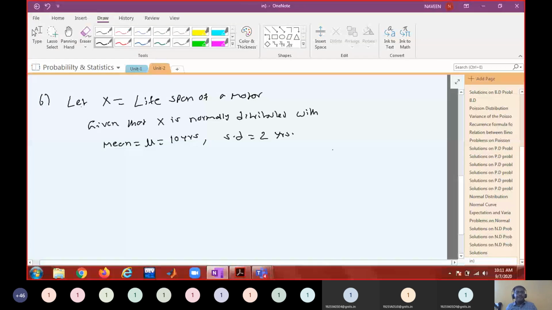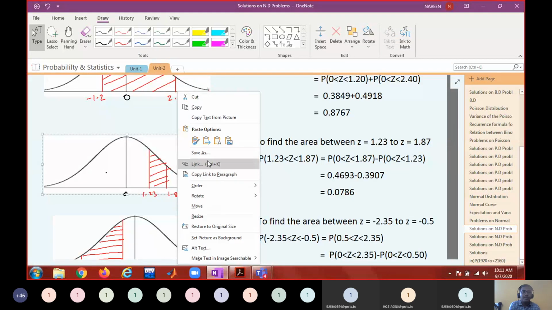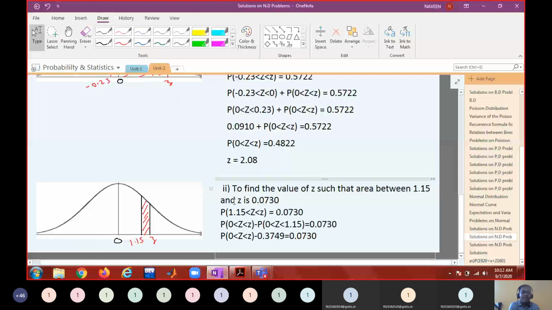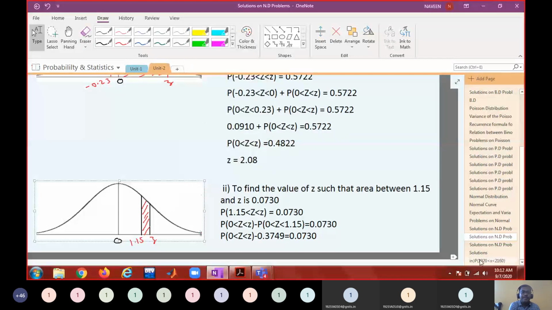Okay. Now draw the graph of the normal curve.